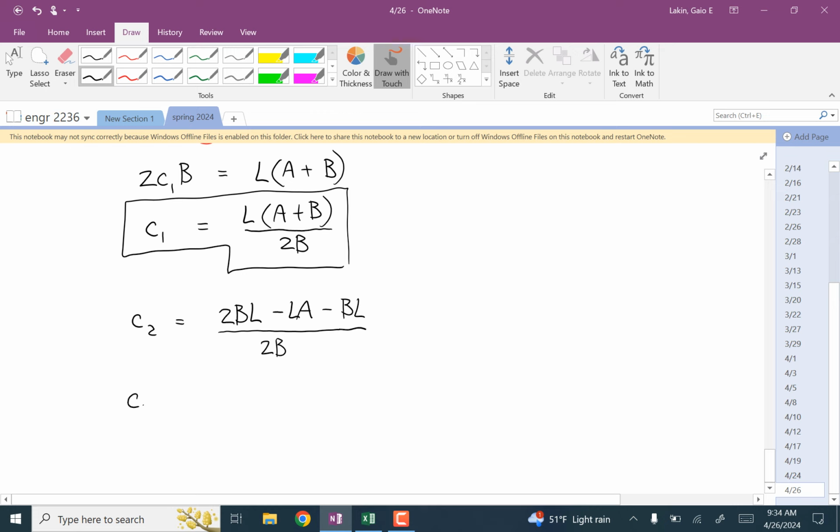And we get that C2 is equal to L times B minus A over 2B.